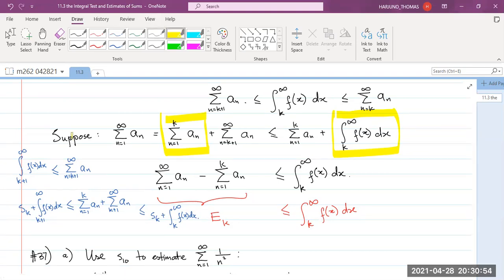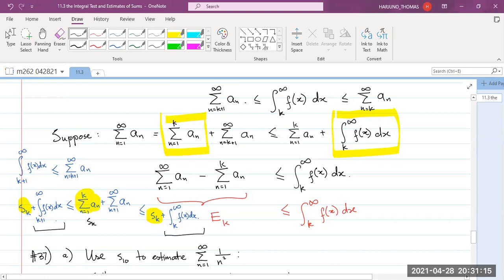Okay, so this is our kth partial sum here, which has error at most this, at least this. Imagine if I subtract f sub k.